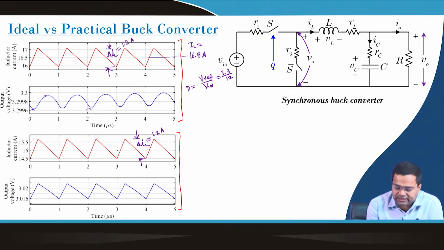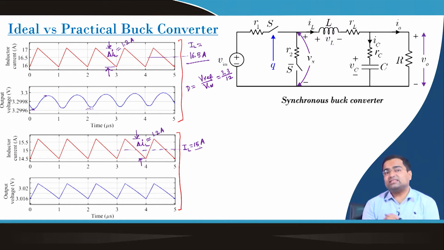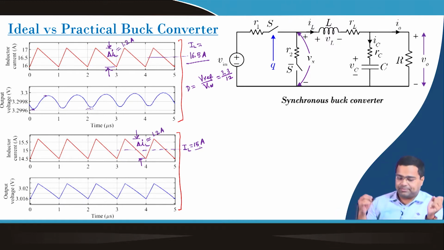But what about the average inductor current? It became 15 ampere, whereas it was earlier 16.5. So there is a reduction of 1.5 ampere.